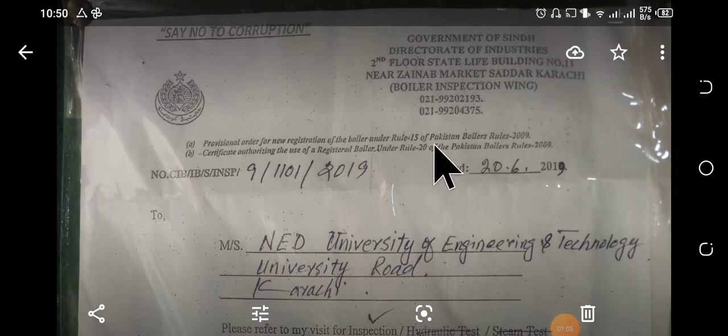The boiler industry comes under the Government of Sindh, Directorate of Industries. This is their office, and we have a boiler inspection wing all over Sindh.